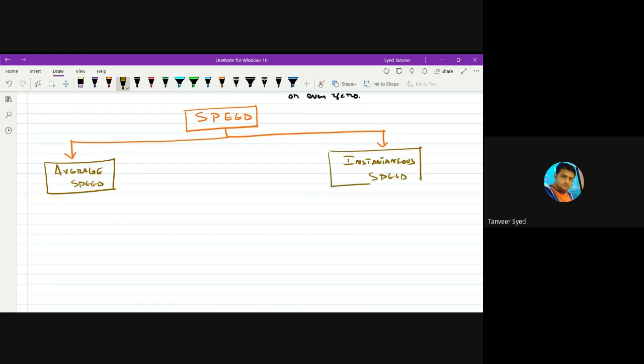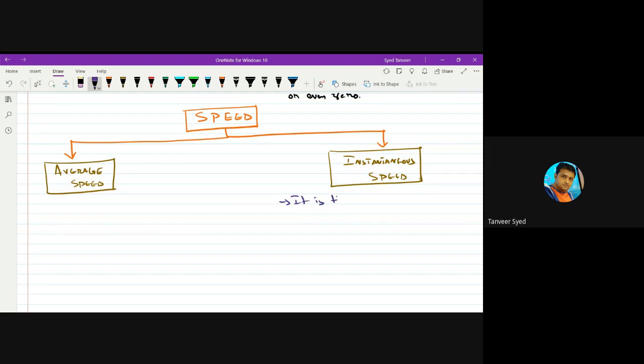What do these two terms mean fundamentally? Let us take instantaneous speed first. Instantaneous, the term itself says, instantaneous means value or speed of the body at a particular instant of time.